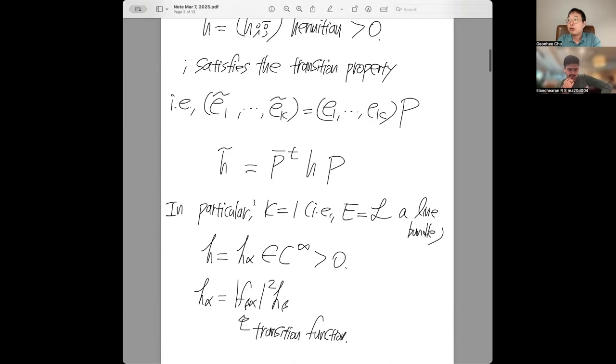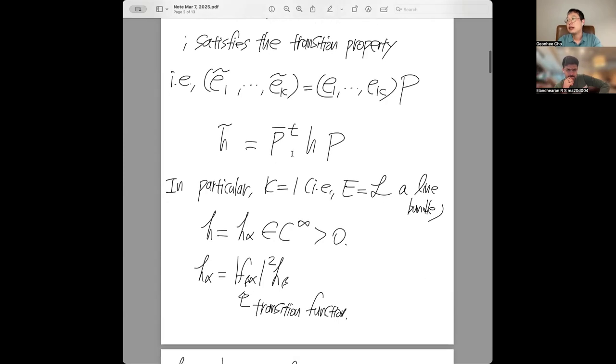And if the rank of the fiber equals one, such a complex vector bundle is called a line bundle. Then the metric fiberwise is nothing but a scalar, so that we get the norm square of some function.